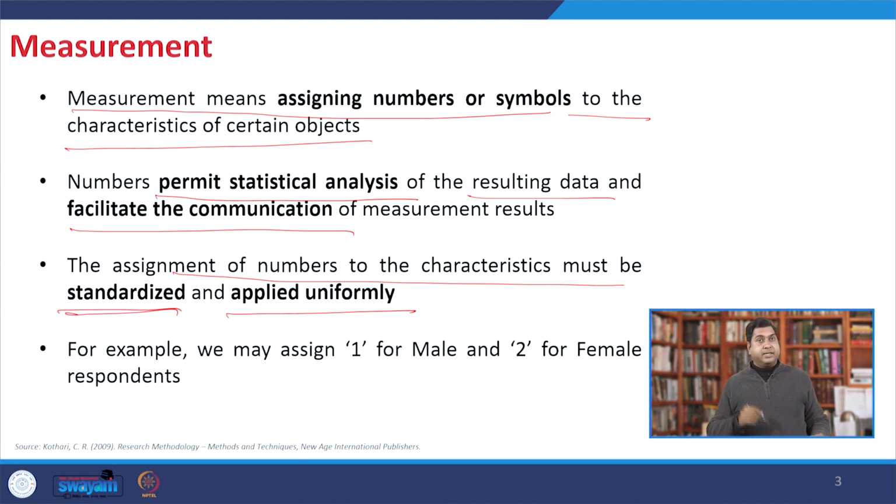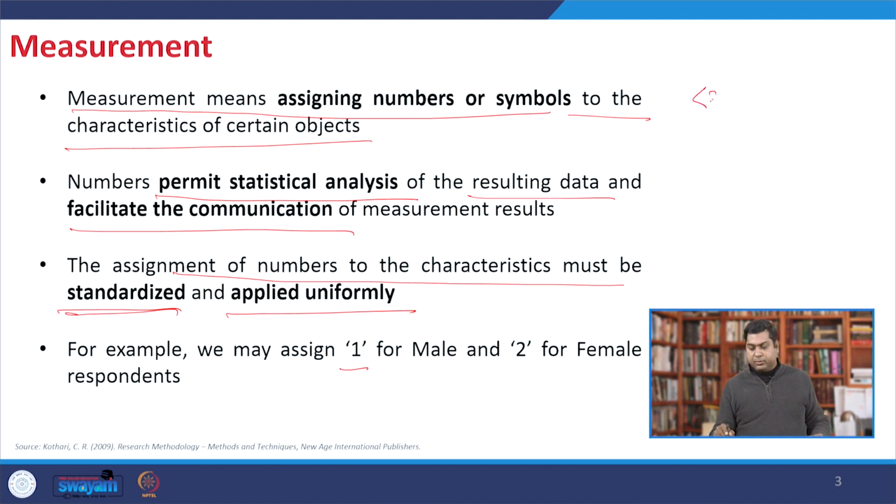And we also discussed it earlier when we discussed the types of data. But we can assign a number like 1 for male or 2 for female, or it can be anything, like you can assign 0 for male and 1 for female, any value that you can assign. Or say, for example, you want to assign a certain value to the age group.